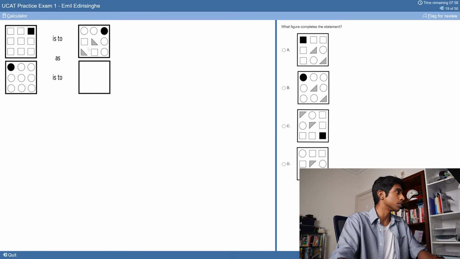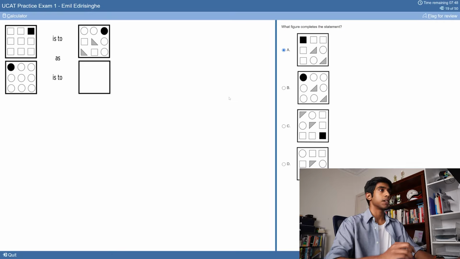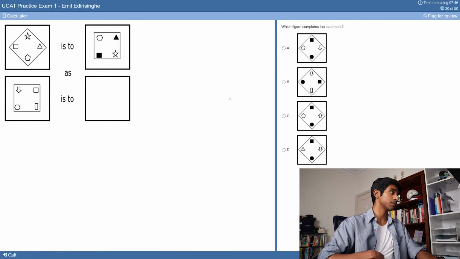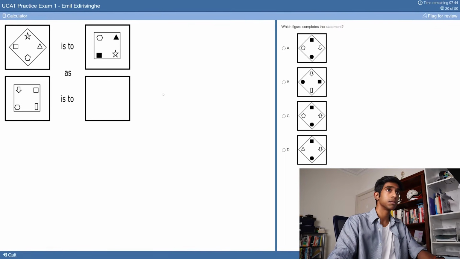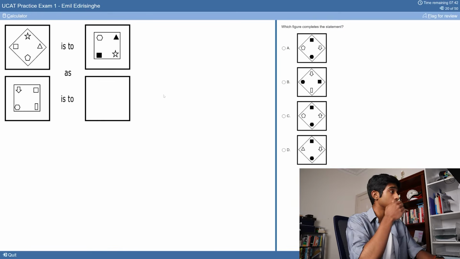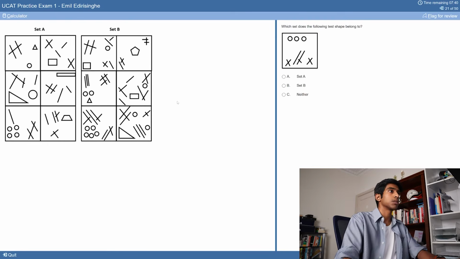So then on the diagonal, it turns into triangles. These two stay the same. Then these turn into circles. So then it'll probably be these turn into squares, these two turn into things. Yes, I think it's A. All right. I'm just gonna skip this one.